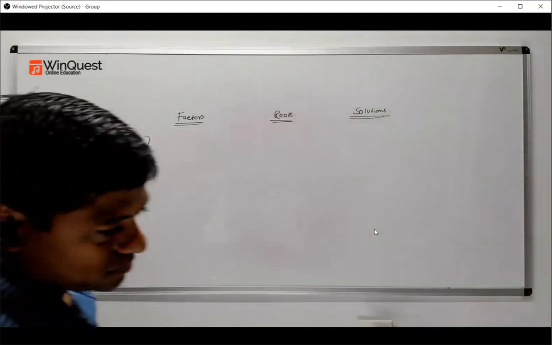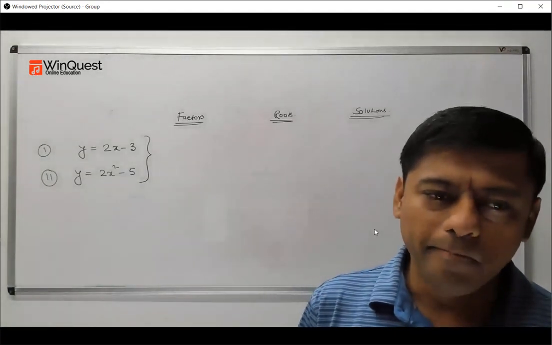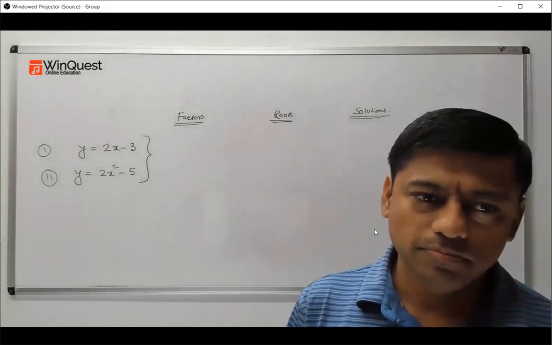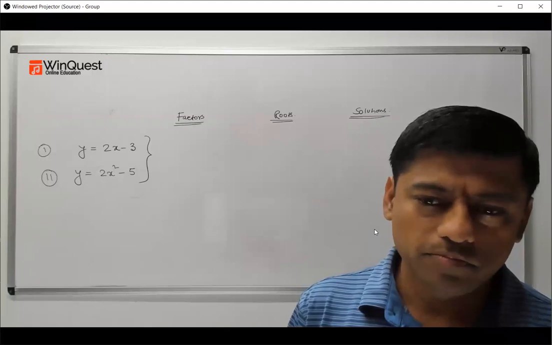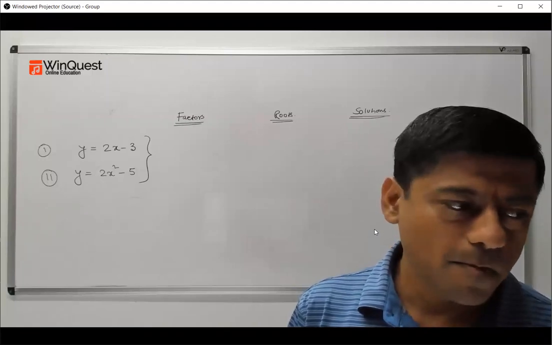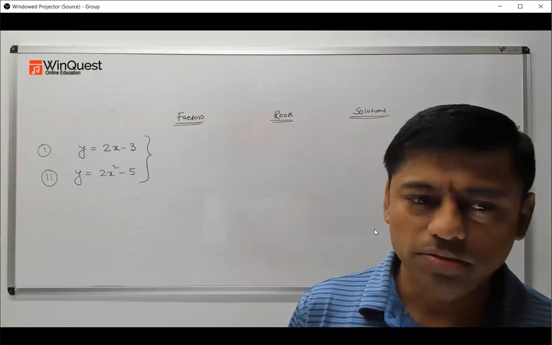The second one. Why is it a quadratic equation? Because the exponent needs to be 2. Anybody else? Because when you graph it, it needs to be a parabola. Okay, very good comment.